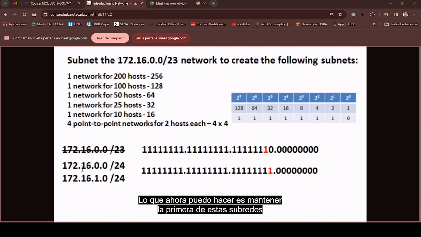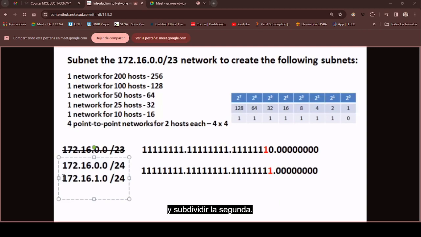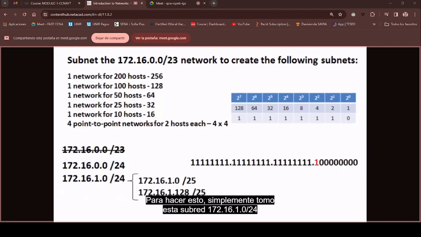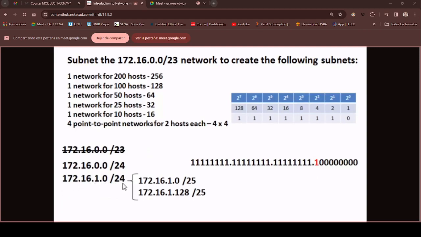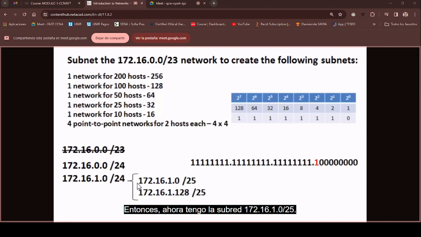What I can now do is keep the first of these subnets and subdivide the second one. To do this, I simply take this 172.16.1.0/24 subnet and change it from /24 to /25. So now I have the 172.16.1.0/25 subnet.